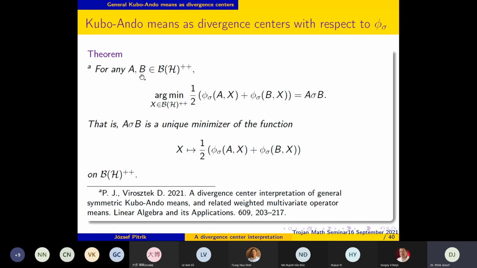So if we have two positive matrices A and B, the barycenter of A and B with respect to this new divergence is nothing else but A sigma B, where sigma was a general symmetric Kubo-Ando mean. That is, A sigma B is the unique minimizer of this function.